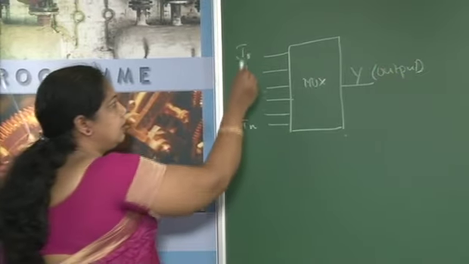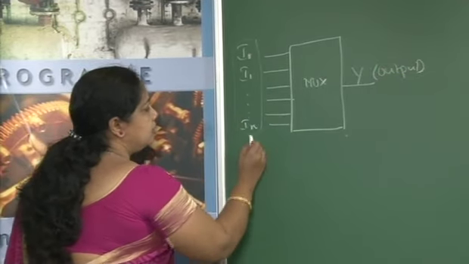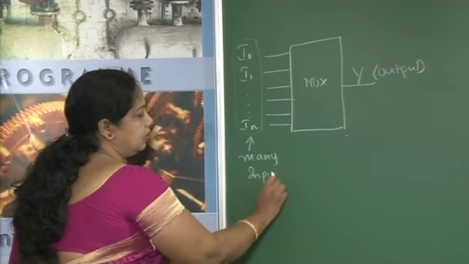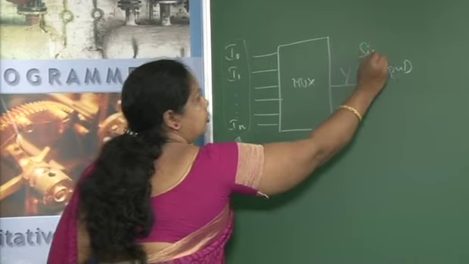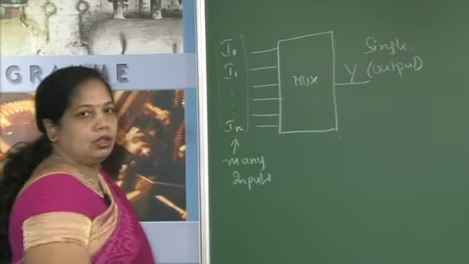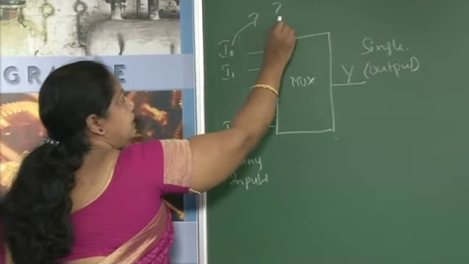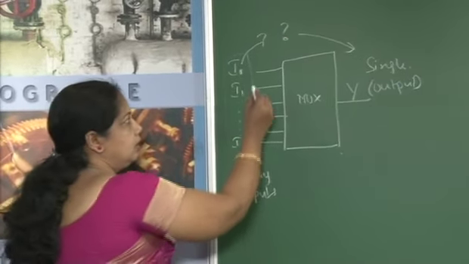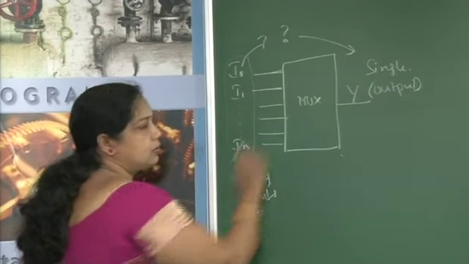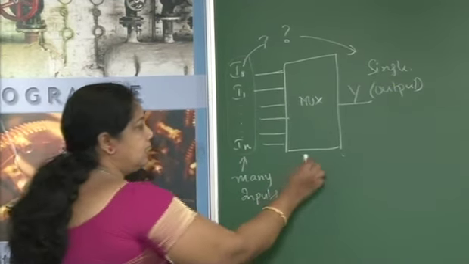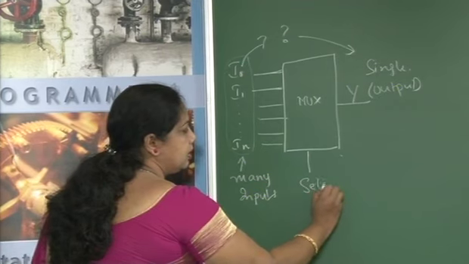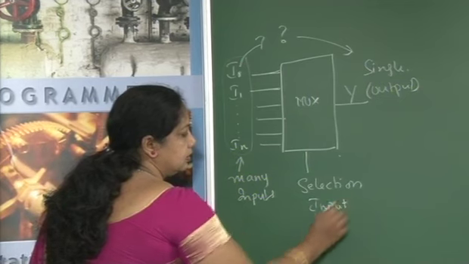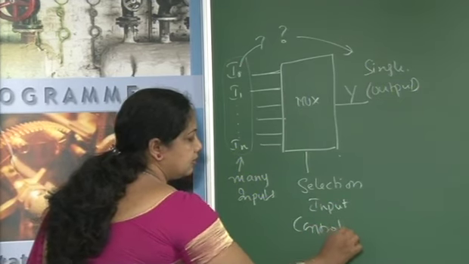My question is, these are many inputs and a single output, so out of these, which one will be selected at the output side? This is based on the selection inputs, also called control signals.